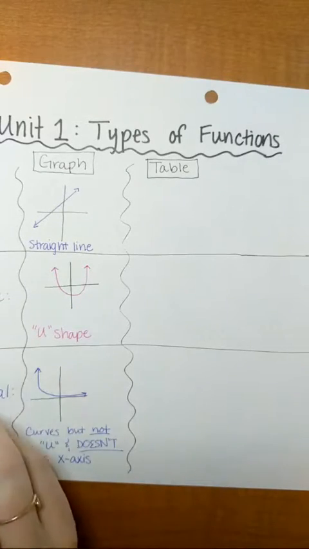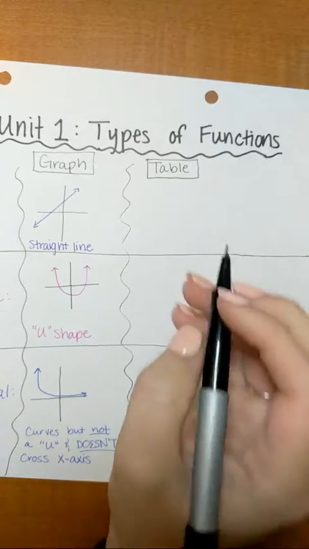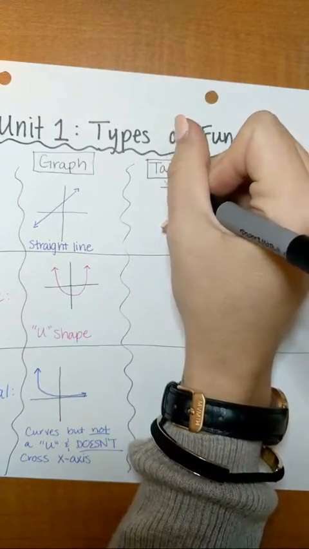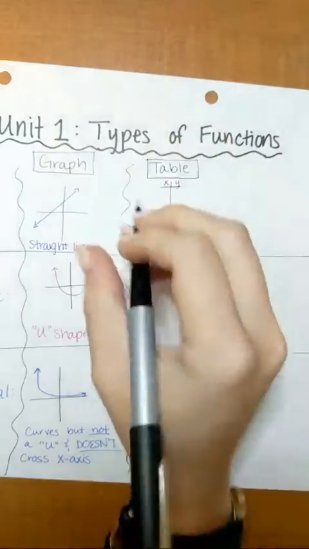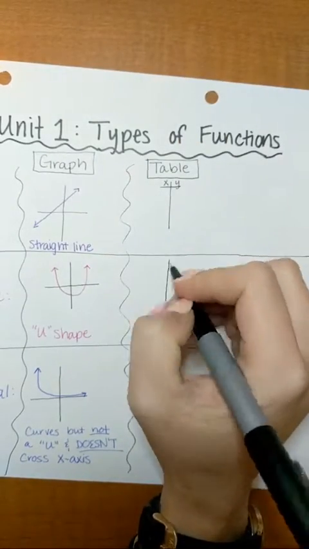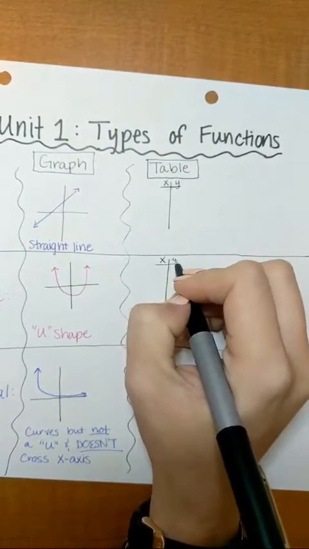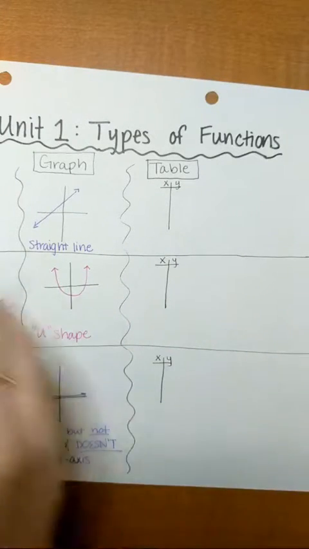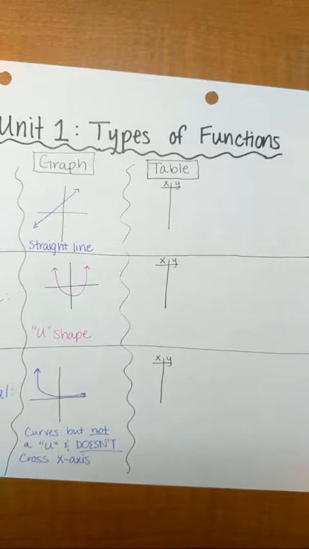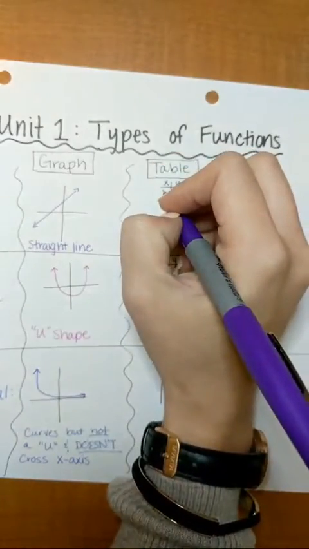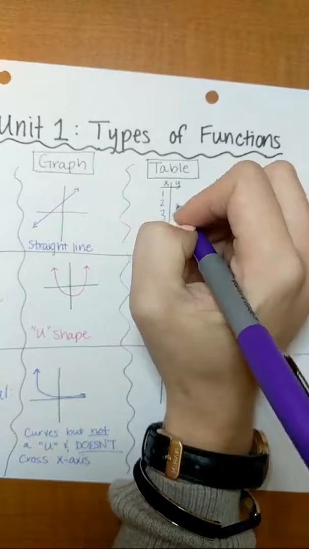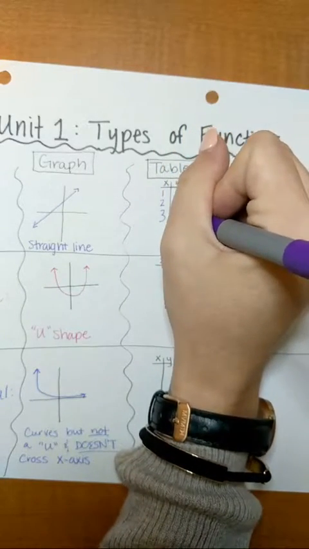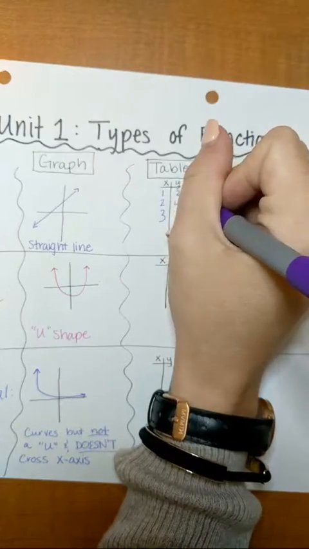So for linear, you are going to have a constant pattern in both the x's and the y's.